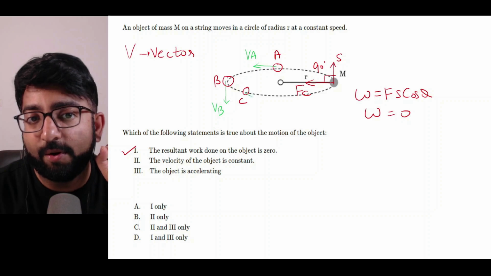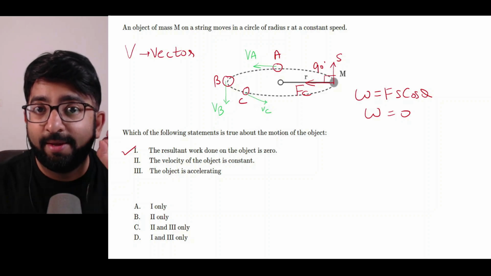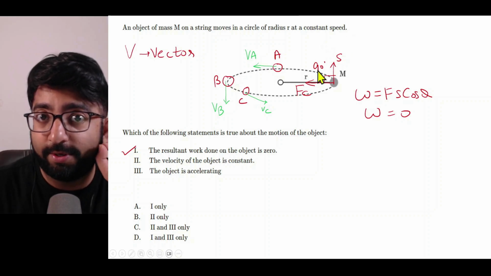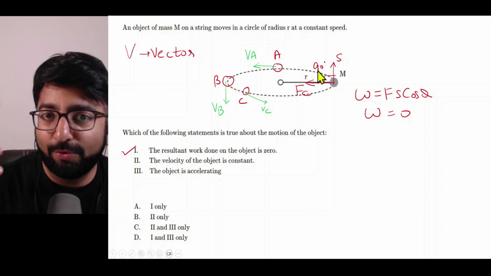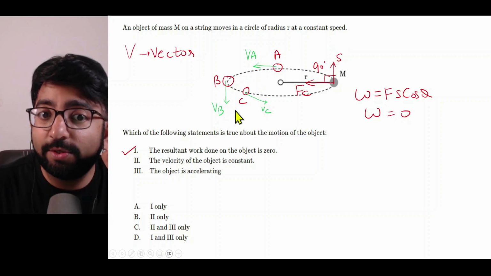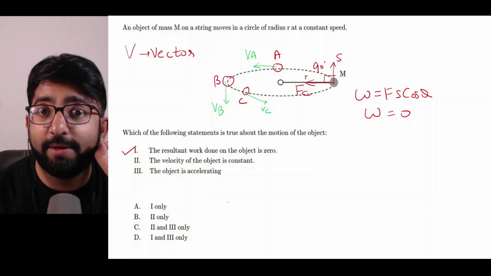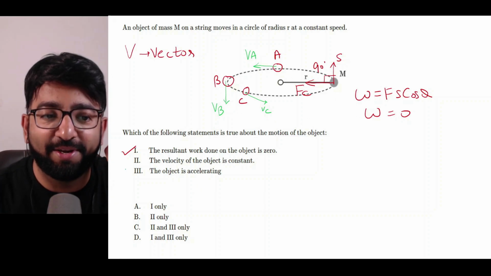And at C, if I draw a tangent, this is the velocity at C. So now you can say that even though the speed is constant, speed is nothing but the magnitude of velocity, the direction of velocity is constantly changing. Hence, velocity of the object is not constant, it is changing. So statement 2 is wrong.